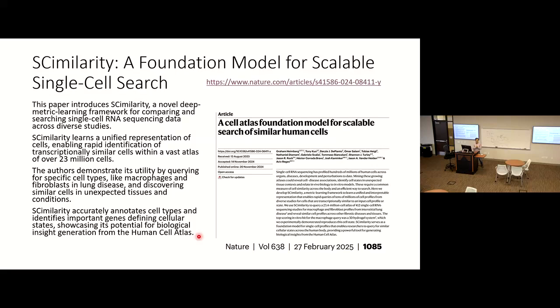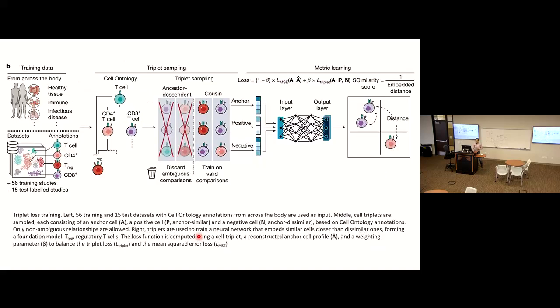Then they train this encoder-decoder framework. You give the different cell types and let the neural network learn to label them. So that's figure 1B of the paper.